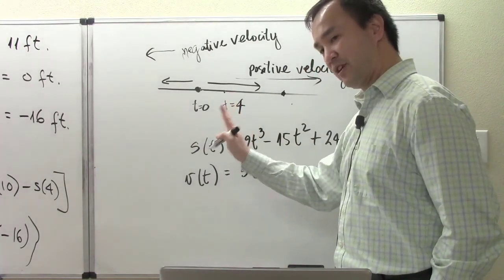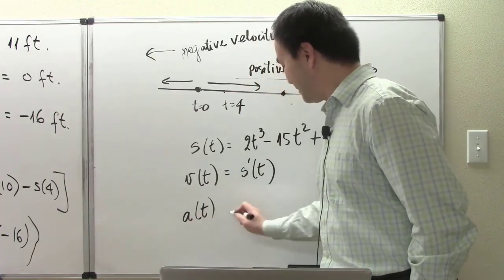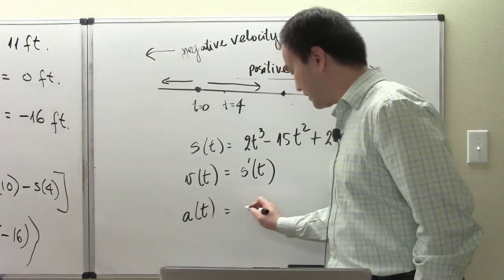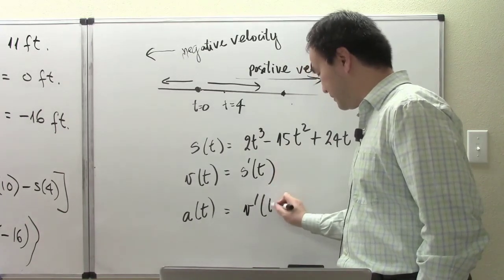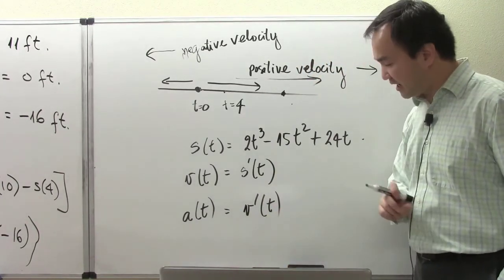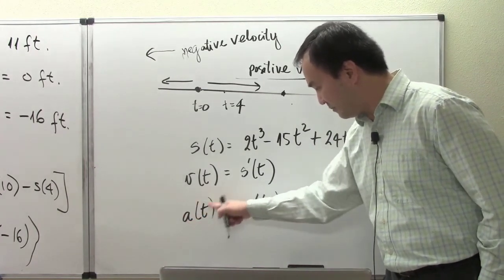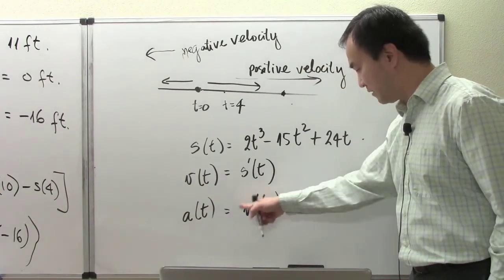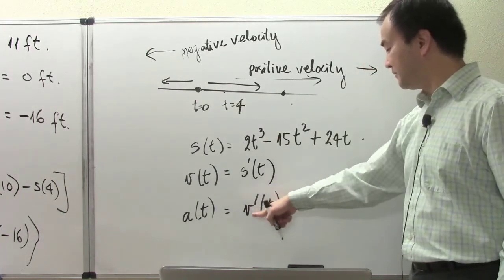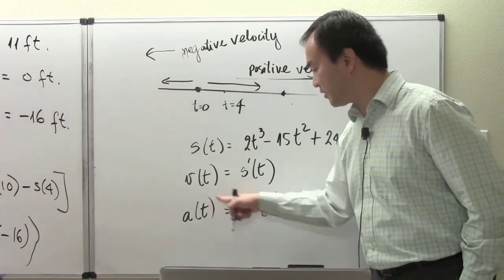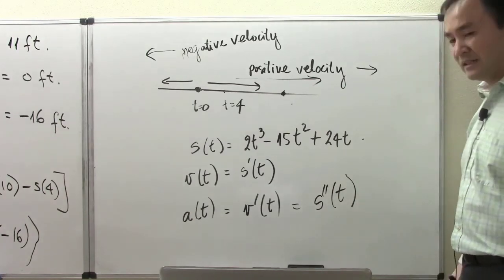But now, as I have just explained, acceleration, notated by a of t, is a new function. Acceleration is the derivative, the instantaneous rate of change, of our velocity function. Relating that to our original function, this v prime, this acceleration, is s double prime, the second derivative of our position function.